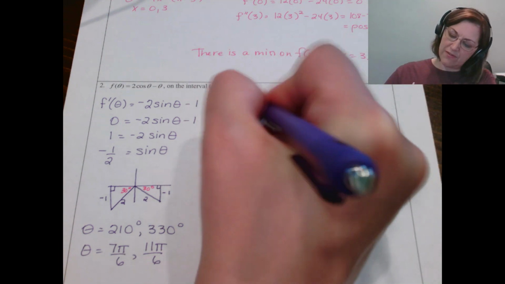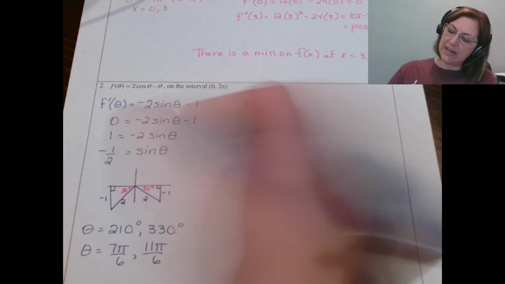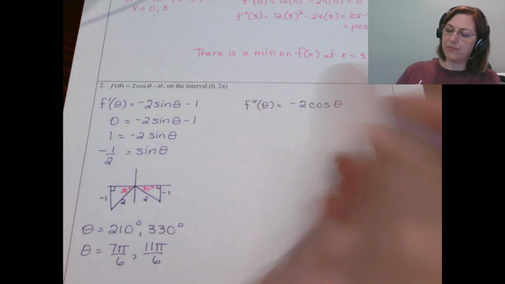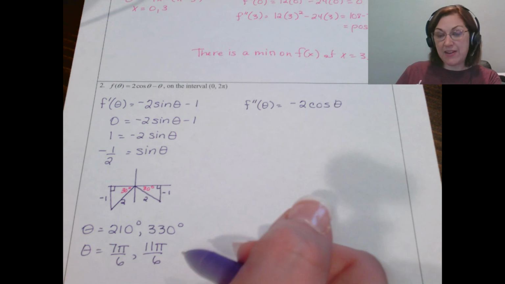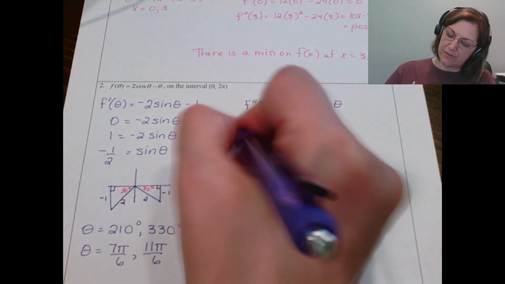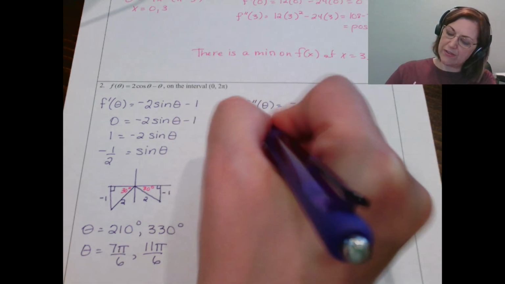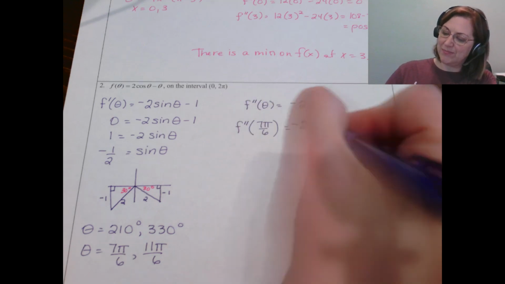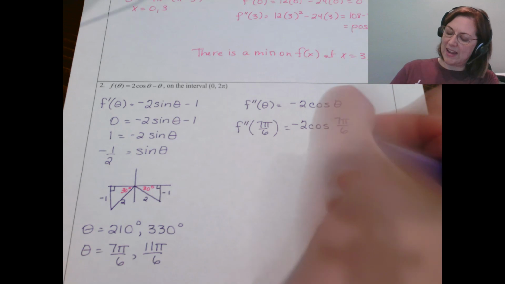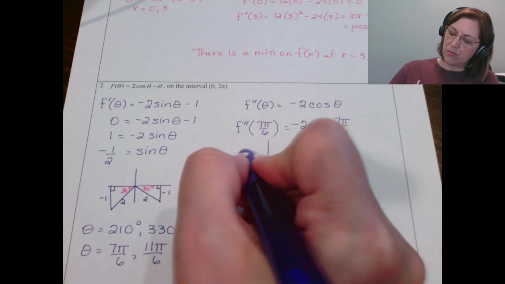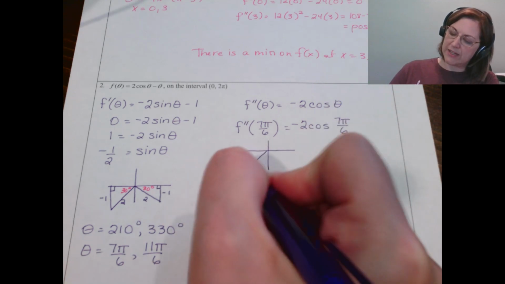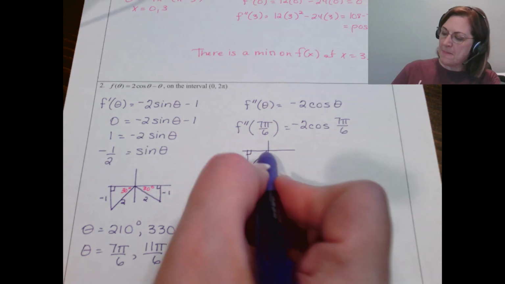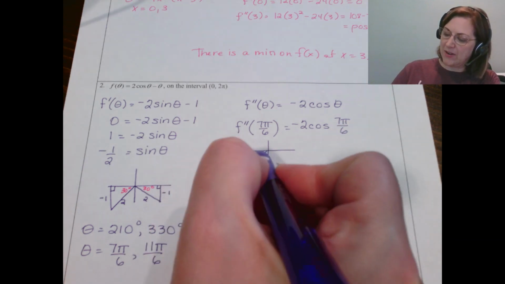Second derivative would be negative 2 cosine of theta. Let's plug in these values into the second derivative. Love some good trig functions. Always good practice on those. Okay, so we're in quadrant 3, 7 pi over 6. I'm a drawer, I have to visualize it, right? It would be a 30-degree reference angle.